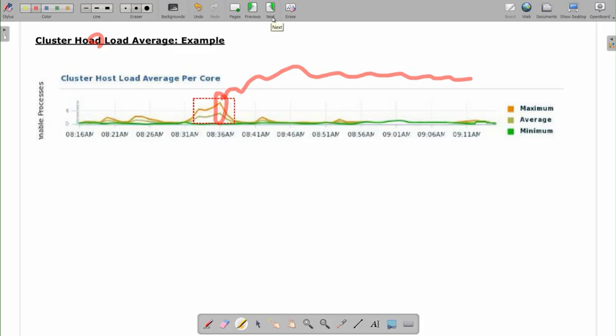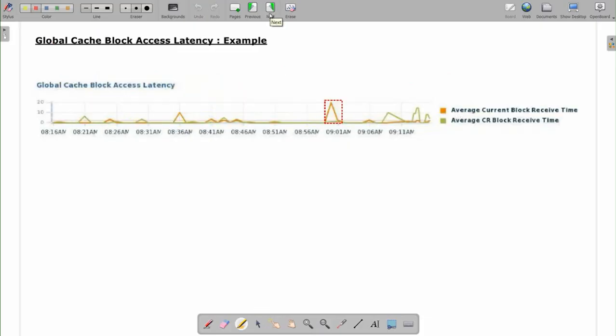And then let's take a look at the next one. The other one is global cache block access latency, and we had a discussion on this area. In this example, we have average current block receive time and consistent read block receive time.